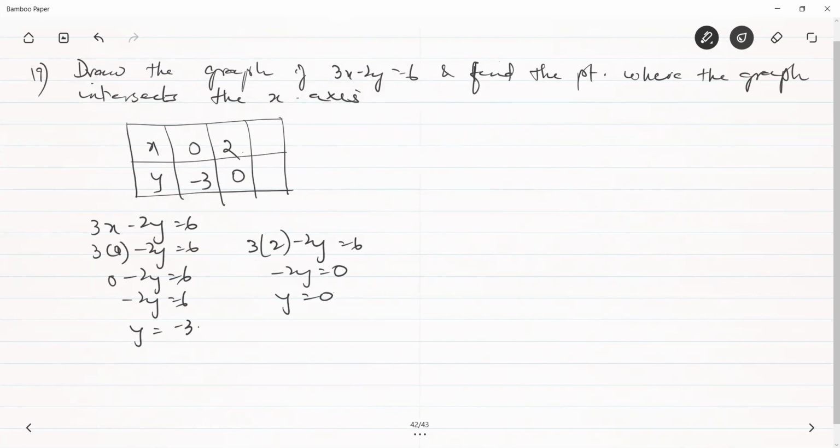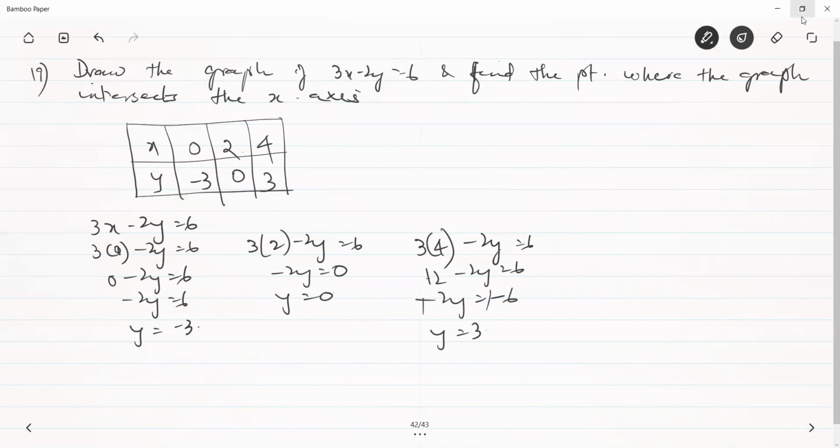And you take another number, 4. 3 into 4 minus 2y is equal to 6. Now this will be 12 minus 2y is equal to 6. If this 12 goes to this side, it becomes minus 6, so minus 2y is equal to minus 6, and y will be equal to 3. So if you take x as 4, y will be equal to 3.